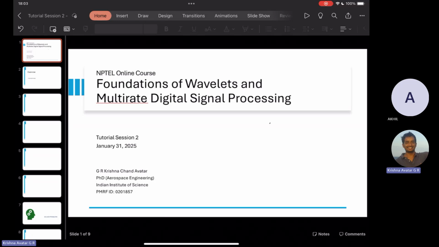In the last session, we had introduced wavelets, with a brief introduction so as to motivate why we are doing it. Then we also discussed some of the most fundamental differences between Fourier analysis and wavelet transforms, and the need for wavelet transforms.